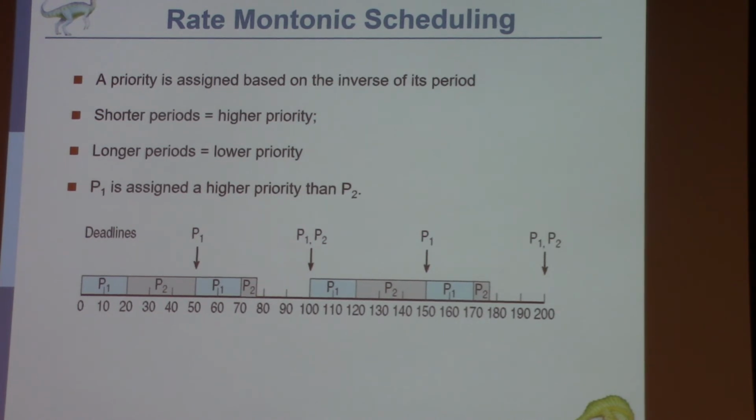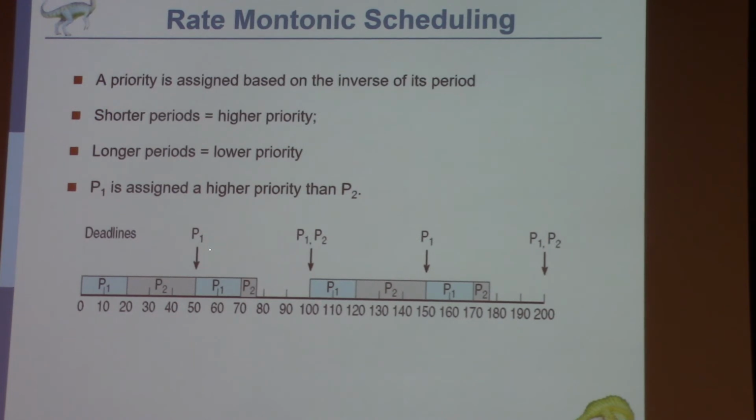Which one is more important? This one, because it's quickly approaching. So a shorter period is a higher priority. We will select the process that has the shorter period, and the longer period we can consider as lower priority.